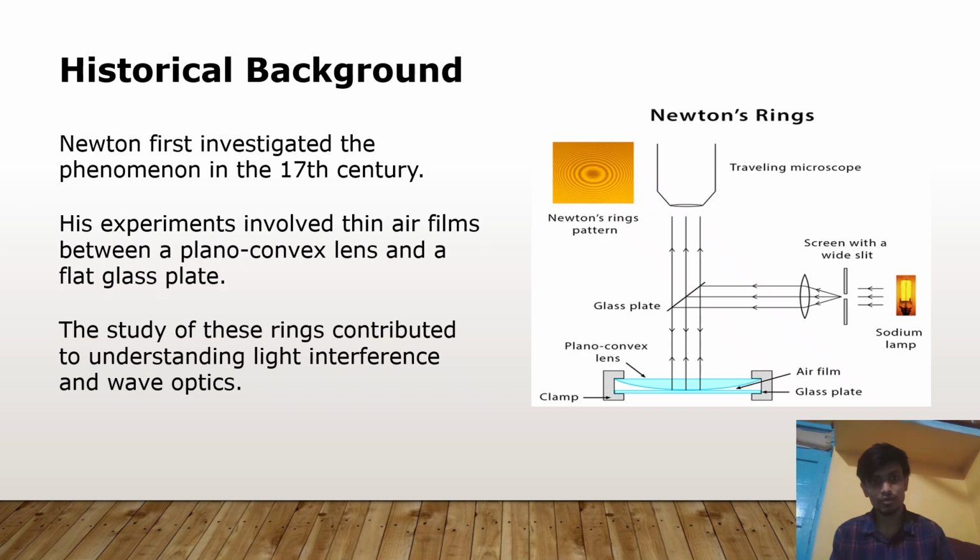The study of these rings contributed to understanding light interference and wave optics. Newton discovered these rings in the 17th century while studying this thin air film. His work helped in understanding light interference and wave optics.